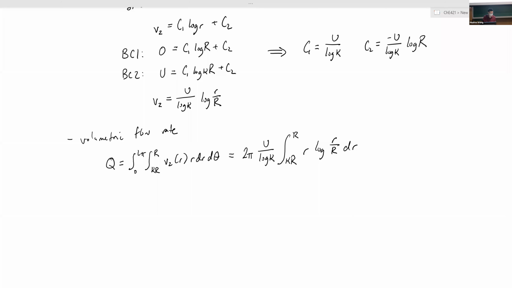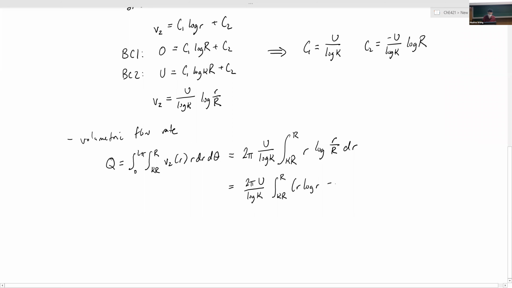Okay. You're going to need to know a little bit of integration by parts in order to do that integral. One thing that does make this a little bit easier is this. This is just a rule of logs, right?